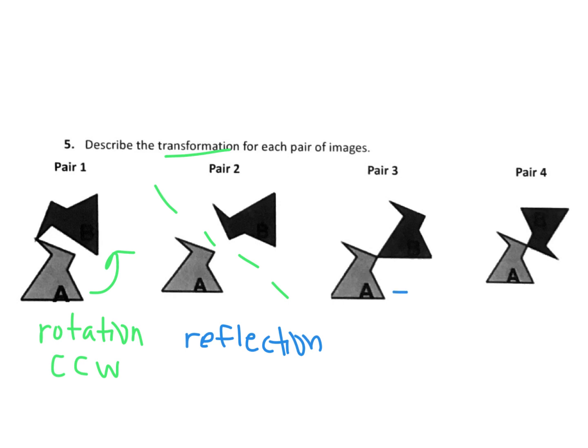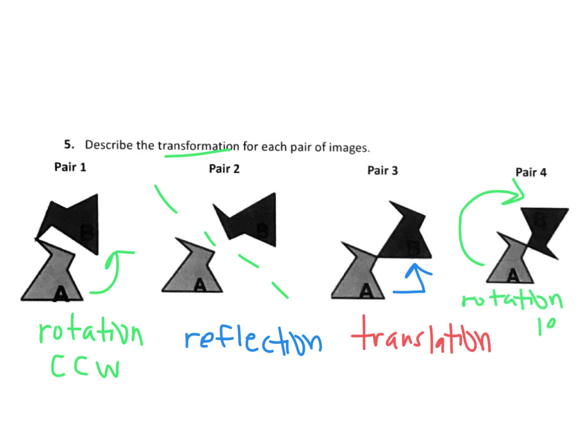The third one looks like over and up. This looks like it's sliding. We'll call that a translation. And the last one looks like it's rotating again. So we're rotating around. It looks to be like 180 degrees. So rotation. It looks like this is 180 degrees.